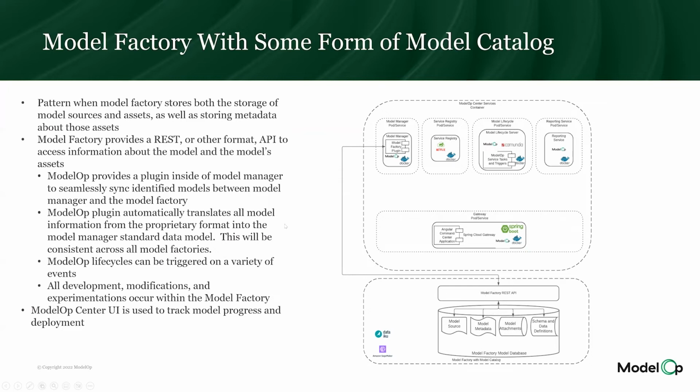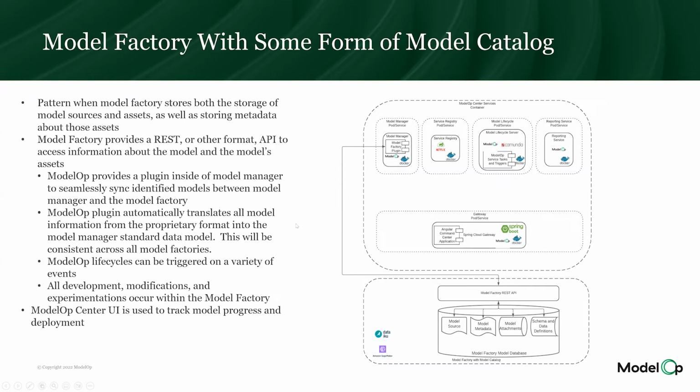That way we have consistent fields. So for things like a version or a tag or specific information such as assets associated with the source code, et cetera, you will have that consistent view no matter where it comes from.